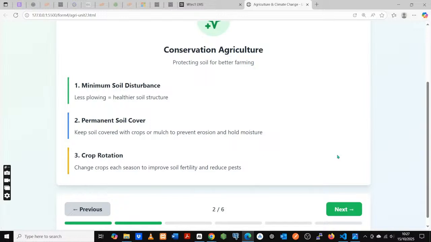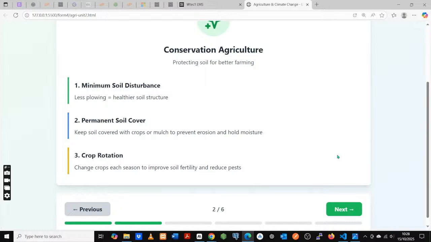Keep soil covered with crops or mulch to prevent erosion and hold moisture. In the past, farmers used to clear the land and leave all the crop residues along the rows of the ridges in order to keep moisture.